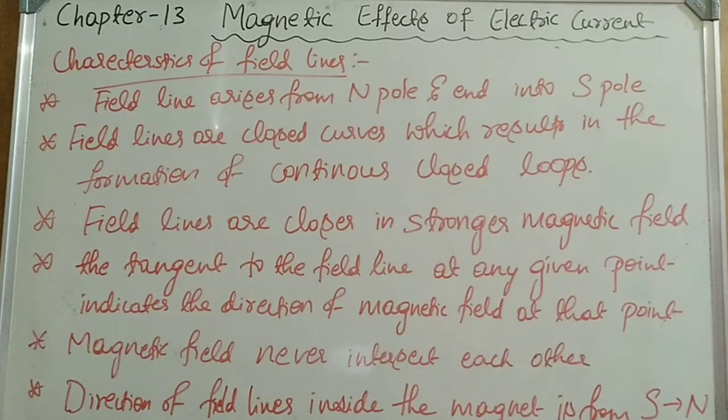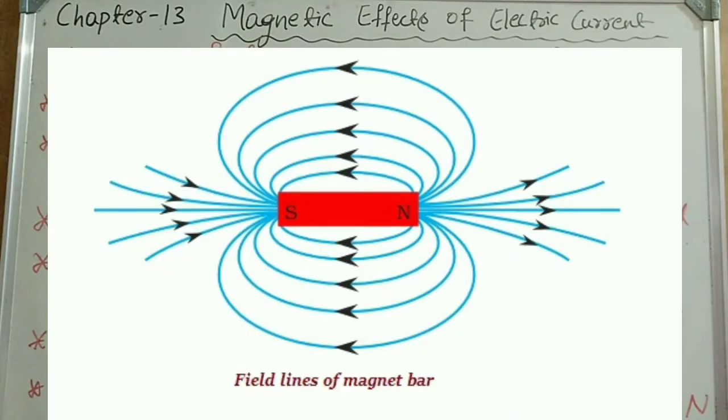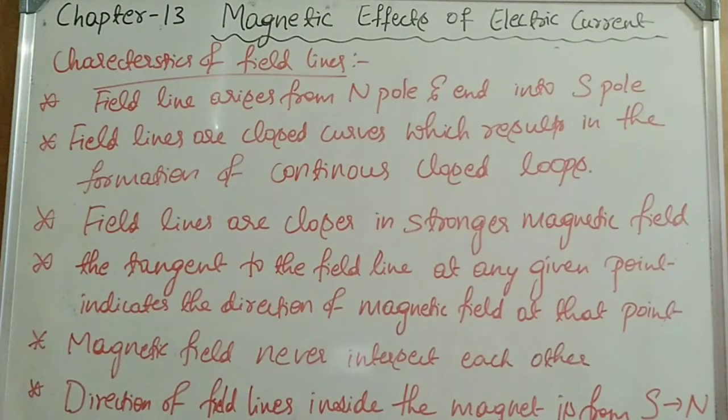Through this activity, we can list out the characteristics of magnetic field lines. While you are understanding these characteristics, refer to this diagram and interconnect the points with it. You can understand easily. See, the first point is field lines arise from the north pole and end into the south pole. Just now in this activity, we placed a compass and drew the direction of the magnetic field line, right?